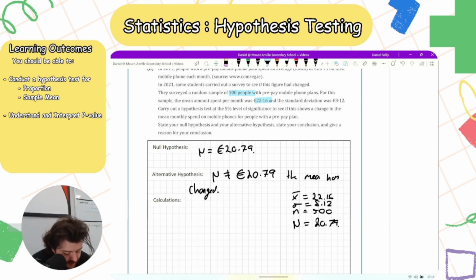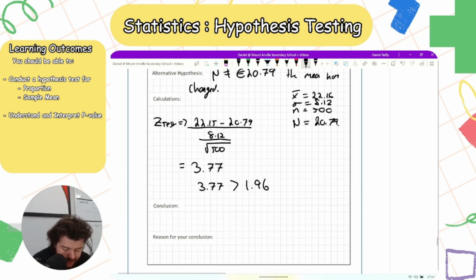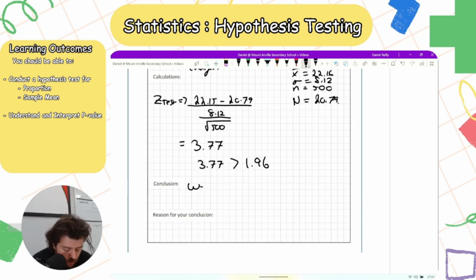So my test statistic is gonna be 22.16 minus 20.79 all over 8.12 over square root 500. This, when put in the calculator, will give you 3.77. And 3.77 is greater than 1.96. So, conclusion.